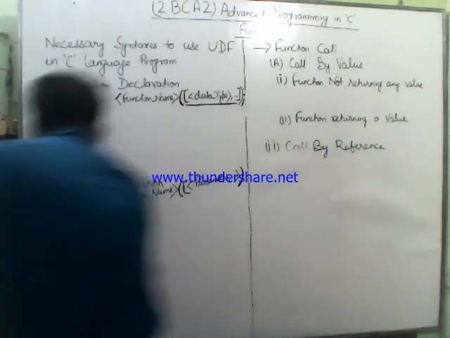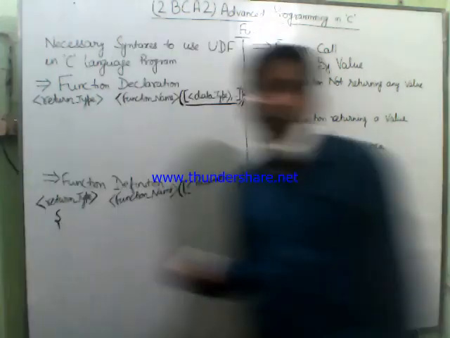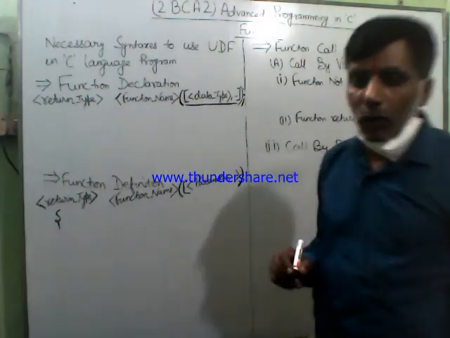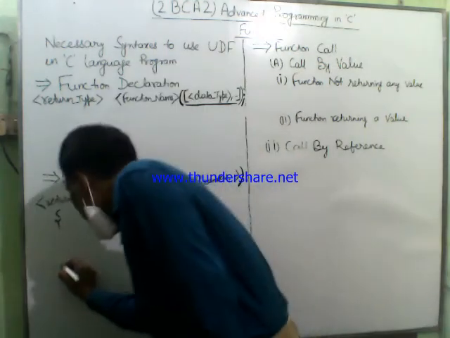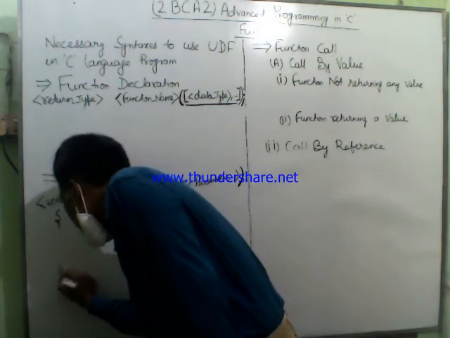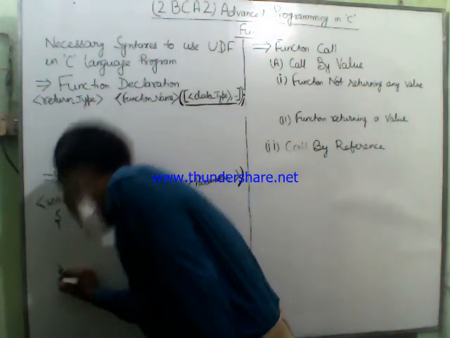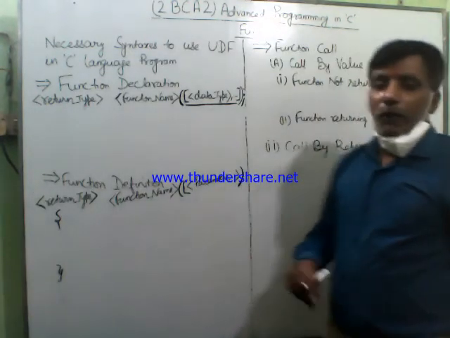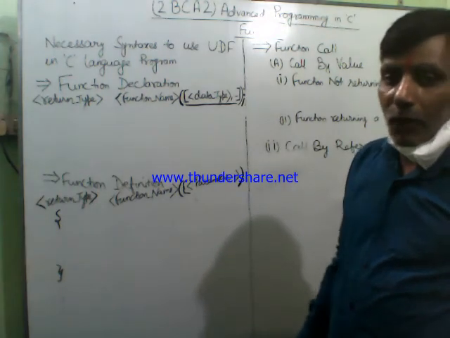And now you have to create the body of your user-defined function by opening the curly bracket open and then by typing curly bracket close in the end while performing the function definition for the user-defined function in the program.